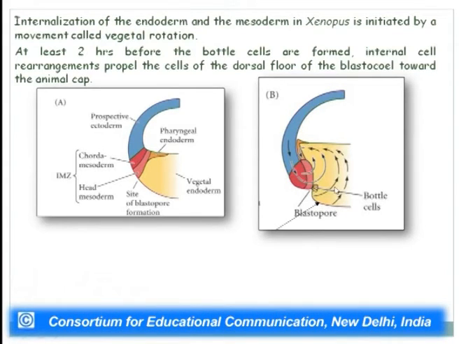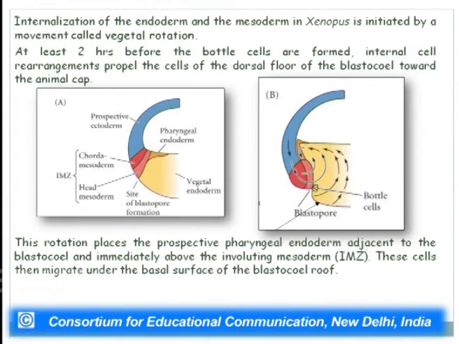So, as you can see here, even when the bottle cells are not formed, there is a kind of rotation that has occurred in here. So, this vegetal rotation is actually pushing this pharyngeal endoderm towards the roof of the prospective ectoderm. So this vegetal rotation places the prospective pharyngeal endoderm adjacent to the blastocoel and immediately above the involuting mesoderm or involuting marginal zone.